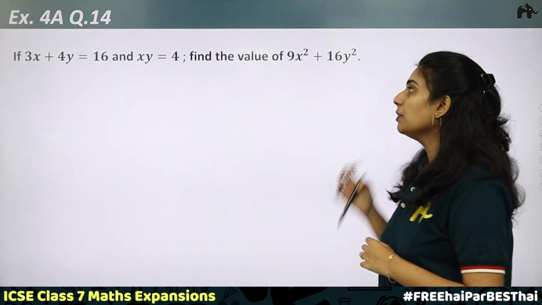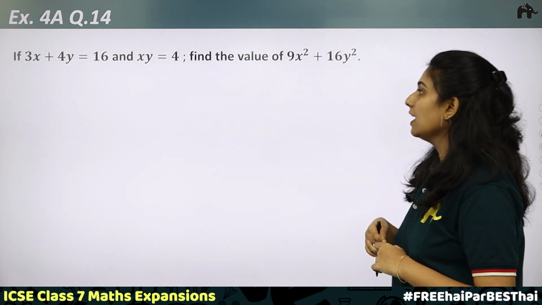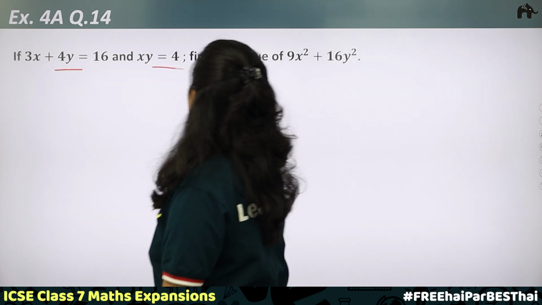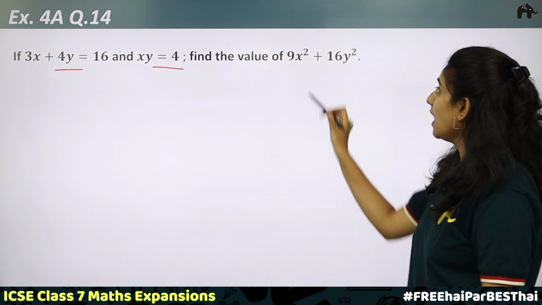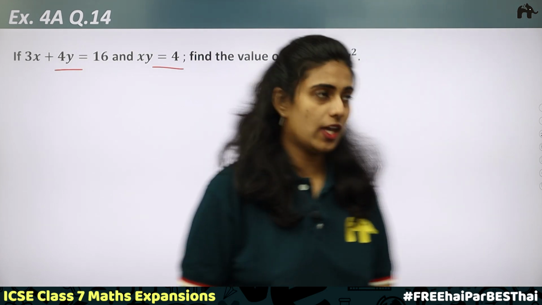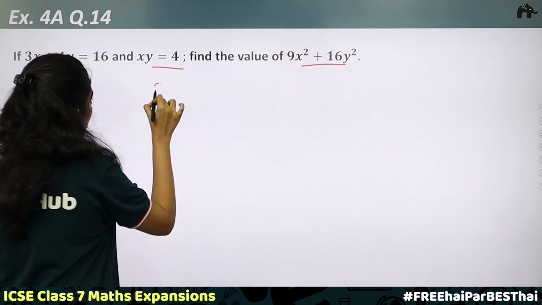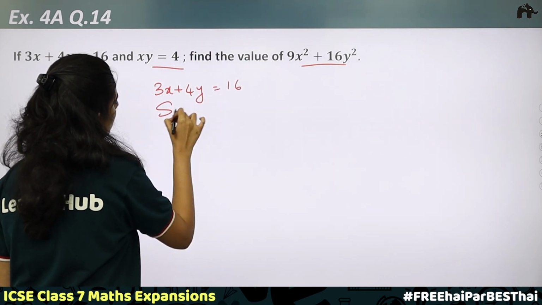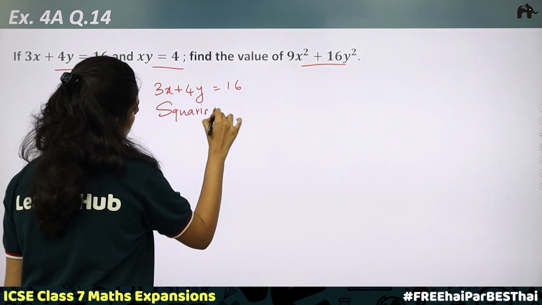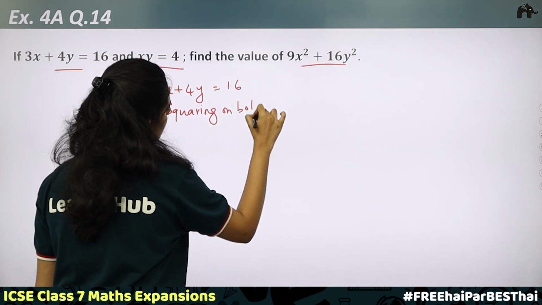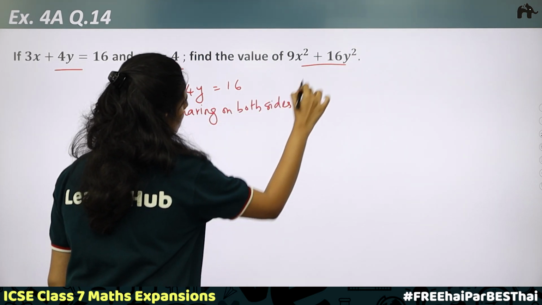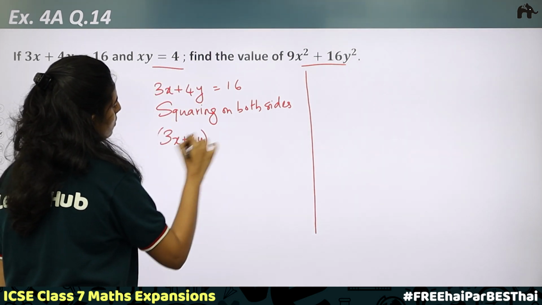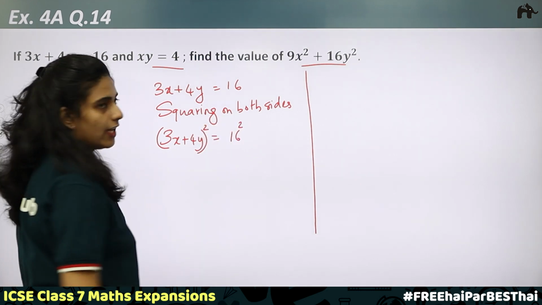Clear? Next, question number 14 of exercise 4A. If 3x plus 4y is equal to 16 and xy is equal to 4, find the value of 9x square plus 16y square. So this is very simple. Here we have 3x plus 4y is equal to 16, squaring on both sides. That is (3x plus 4y) whole square is equal to 16 square.